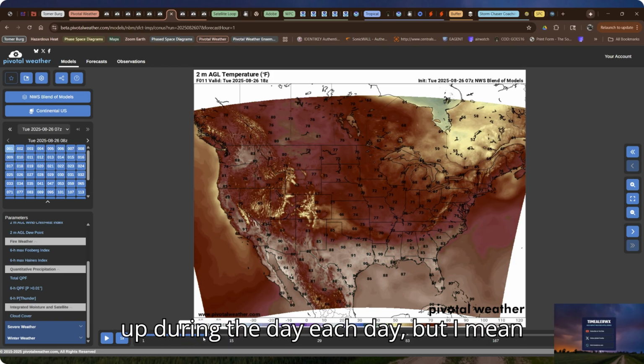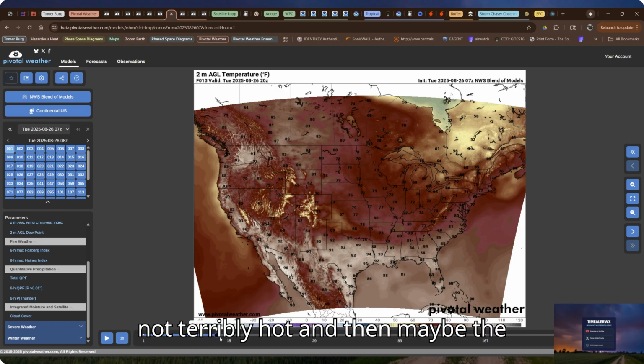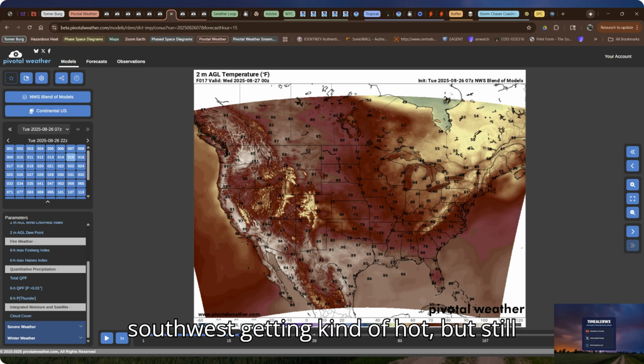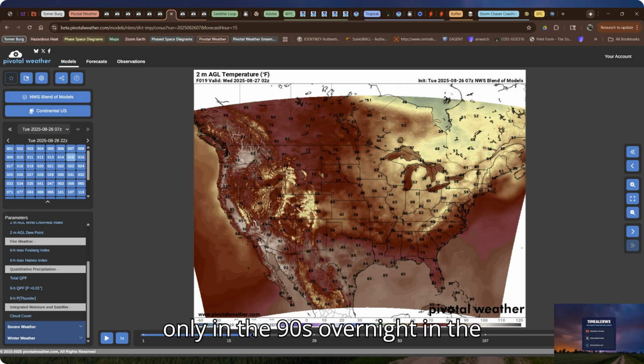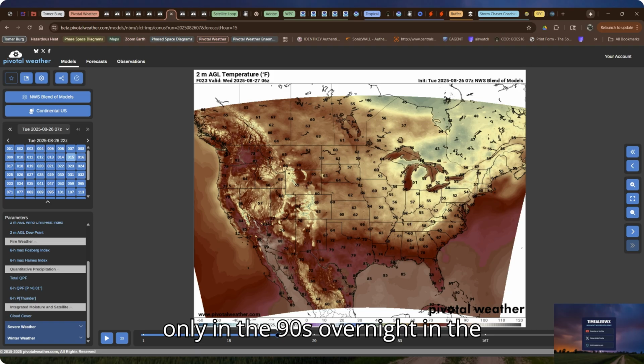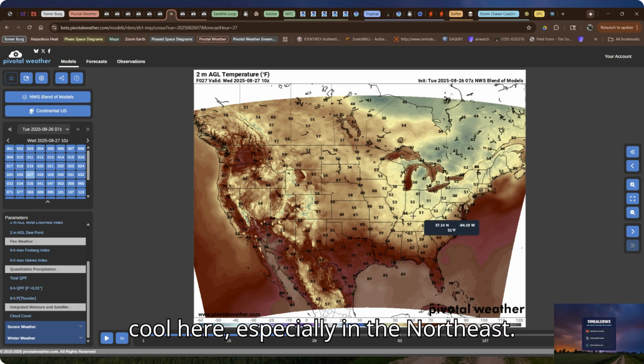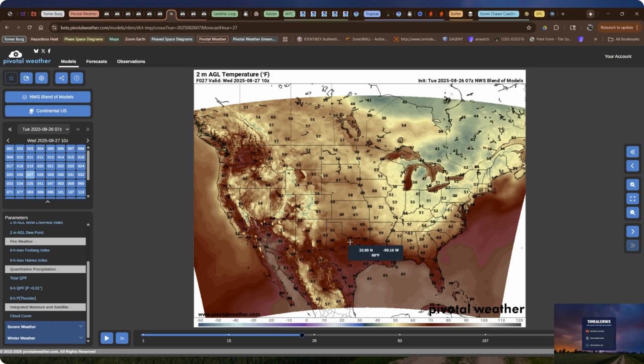Of course, we're only up during the day, each day, but not terribly hot. Then maybe the northwest here, desert southwest getting kind of hot, but still only in the 90s. Overnight in the 60s, getting down nice and cool here, especially in the northeast. Sorry, Florida and Texas.